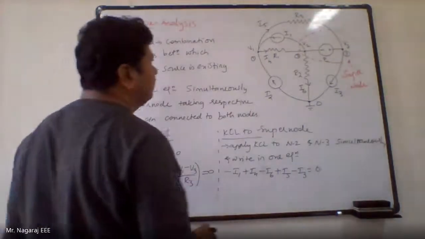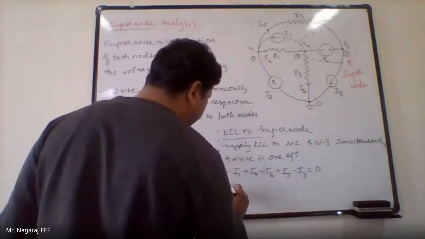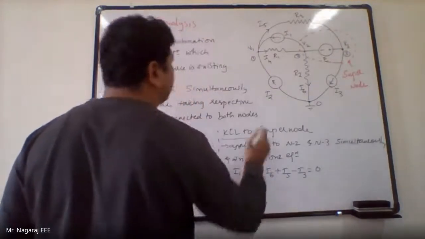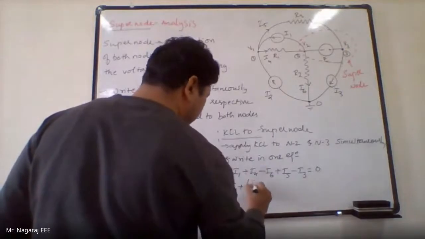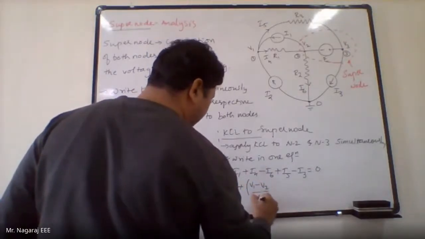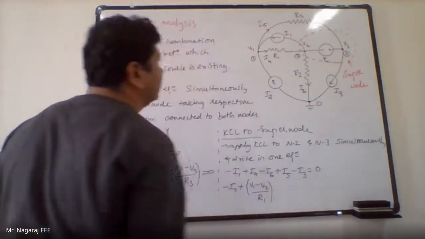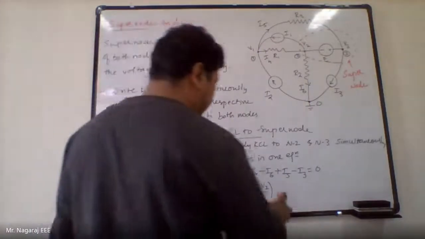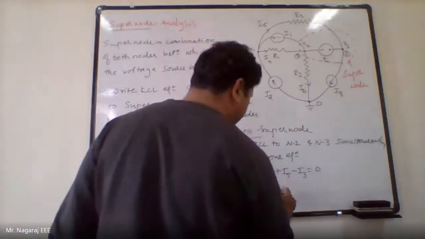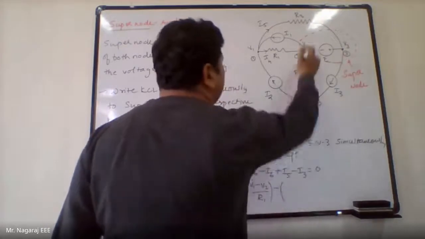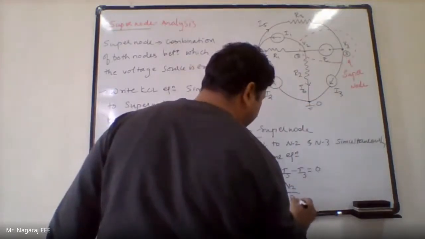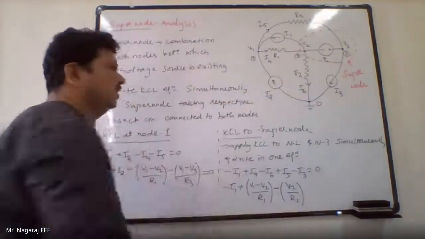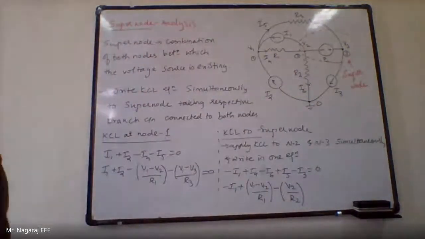Now what is I1? It is a source value, it will remain as it is. Plus I4. I4 is from V1 to V2, so it is plus (V1 minus V2) by R1. Next, minus I6, that is minus (V2 minus 0) by R2, which I will write as V2 by R2, because now we know that the other node is ground, so it is 0.